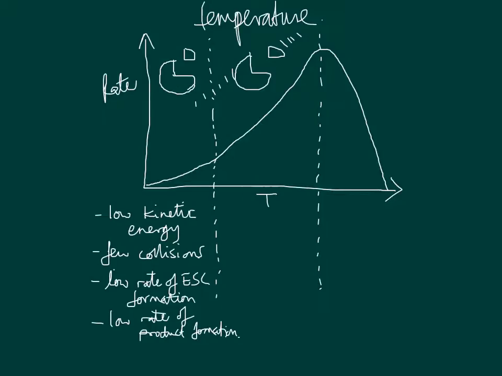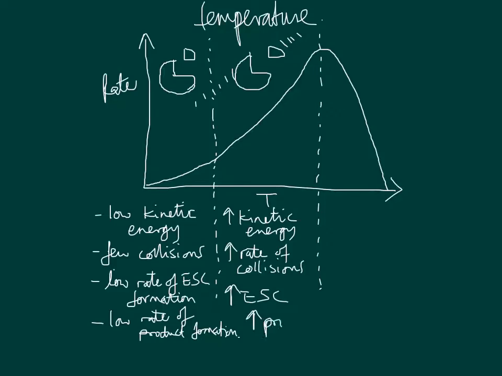Because there's more kinetic energy, we increase the rate of collisions between the enzyme and substrate, and therefore we have an increase in the rate of formation of the enzyme substrate complex, and therefore we increase the rate of product formation.